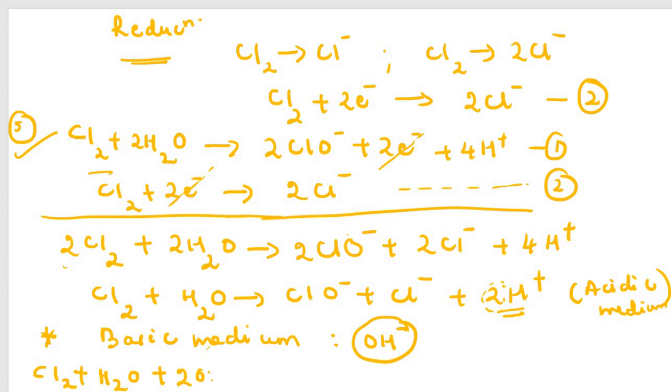So 2 OH minus ions will give ClO minus plus Cl minus plus 2H plus, and on this side 2 OH minus. Here you can see 2H plus and 2 OH minus, which we can write as 2H2O.